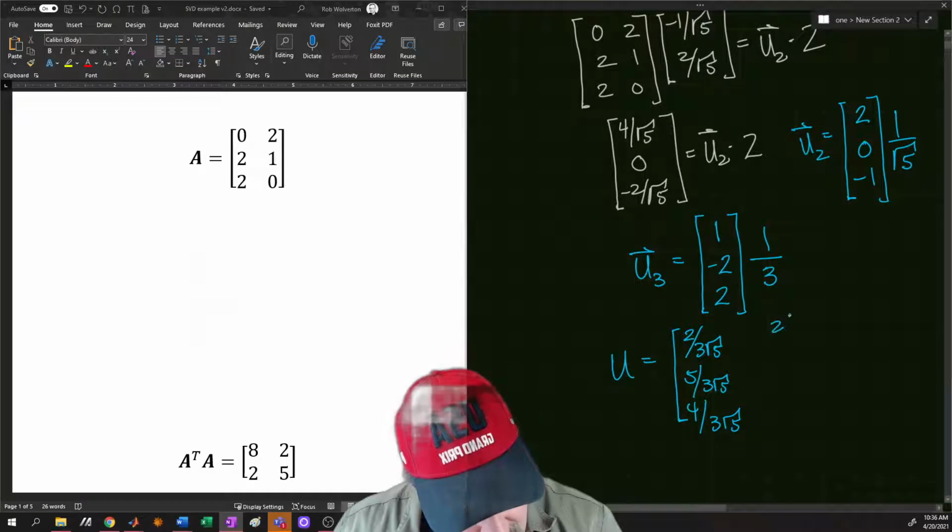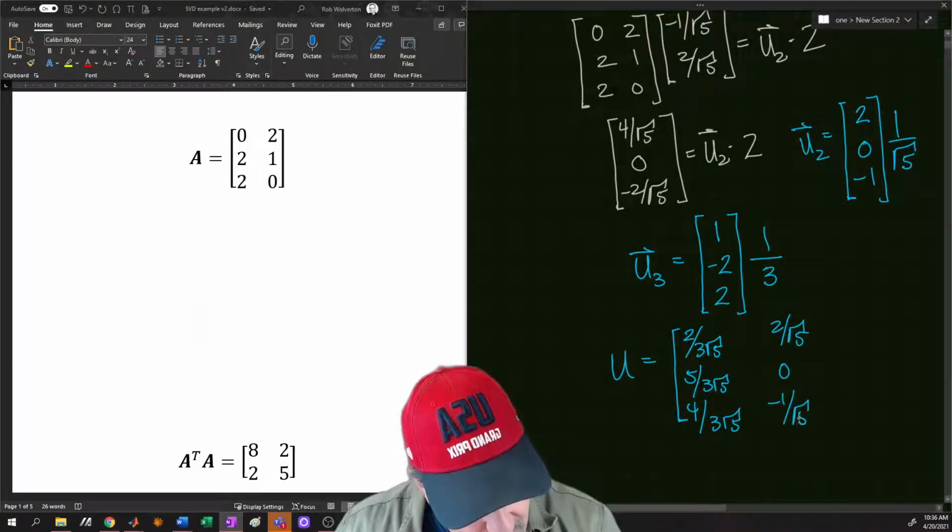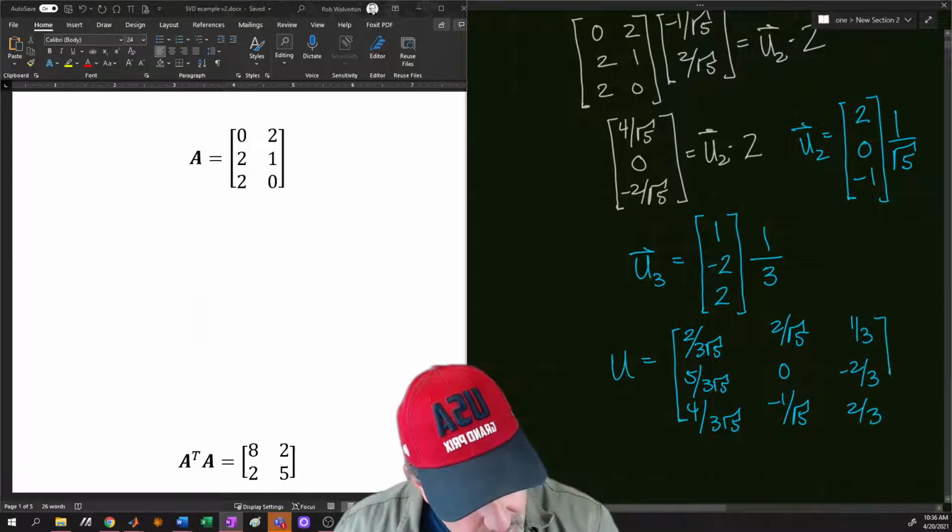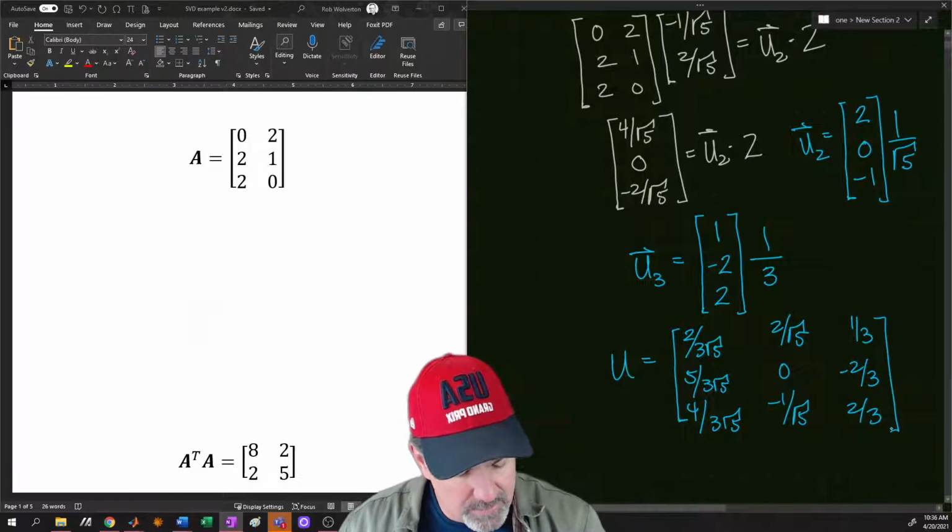And then I have a 2 over square root of 5, 0, -1 over the square root of 5. And then finally a 1/3, a -2/3, and 2/3. And so that's our U matrix.